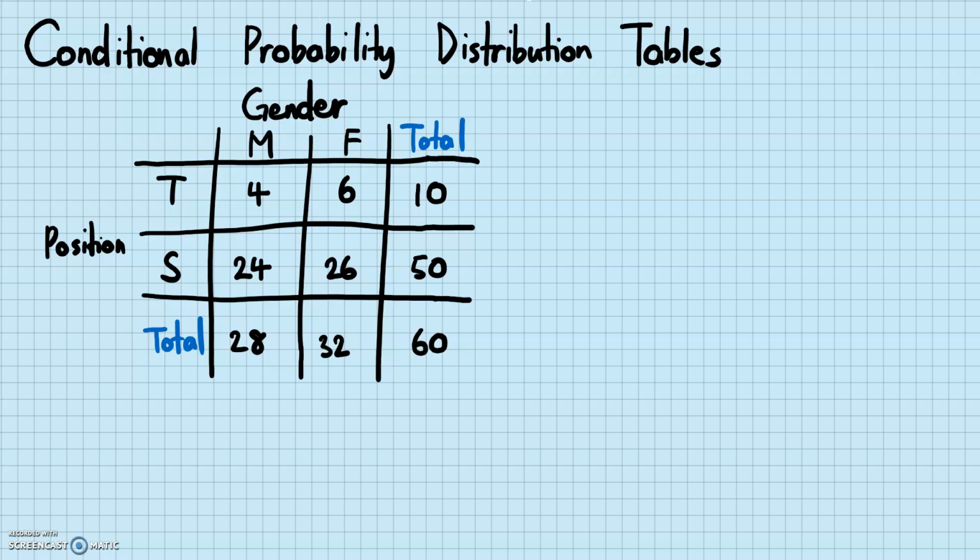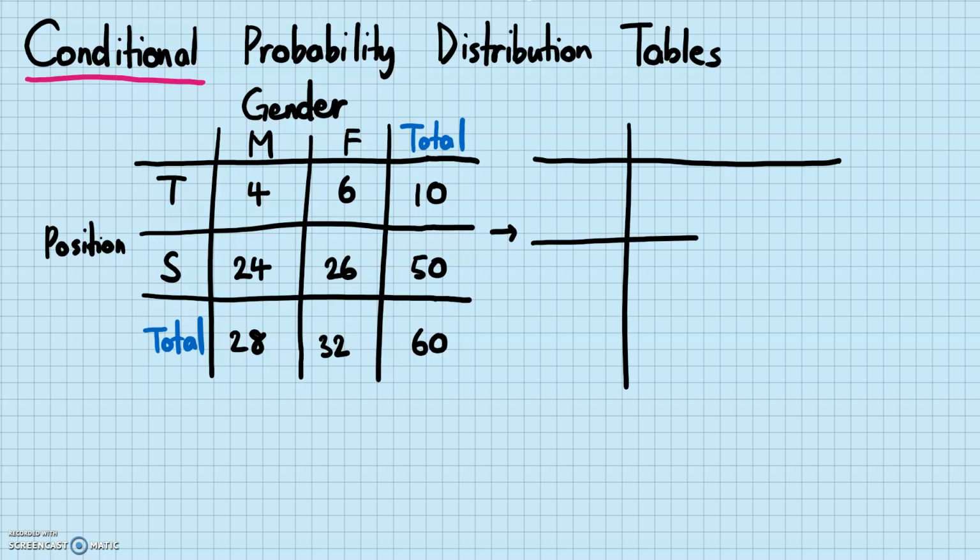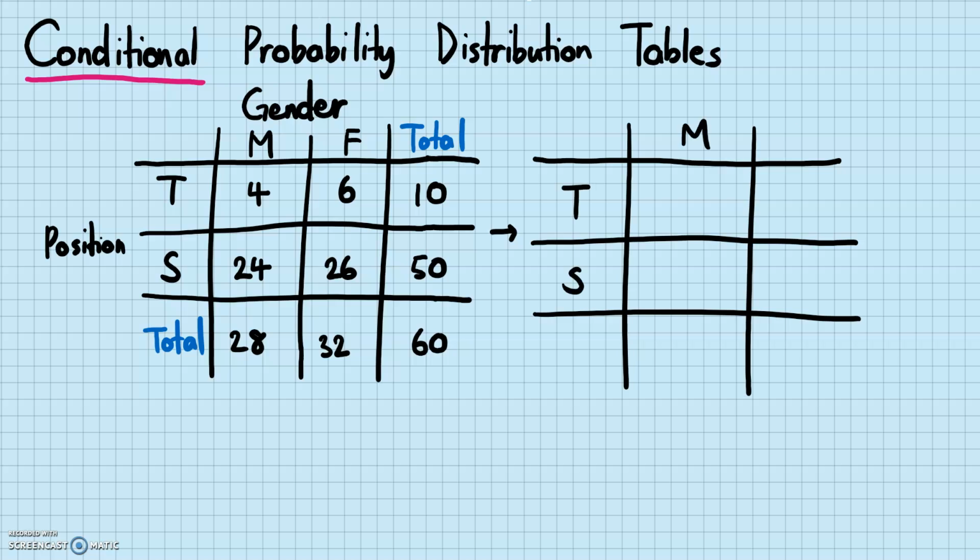Today we're looking at the conditional probability distribution. What do we mean by conditional? So instead of looking at the percentage of the whole, if we convert this to the probability distribution table, let me just do the calculations very quickly.